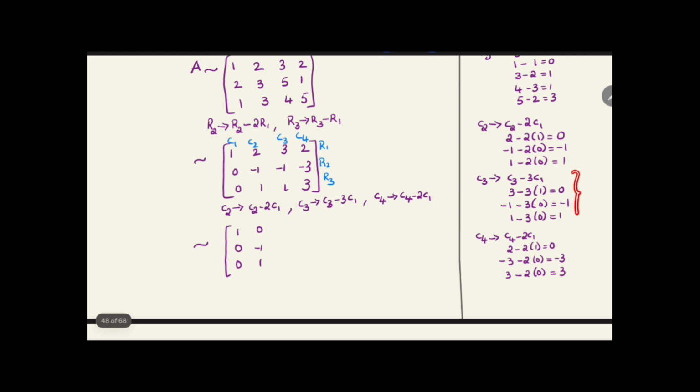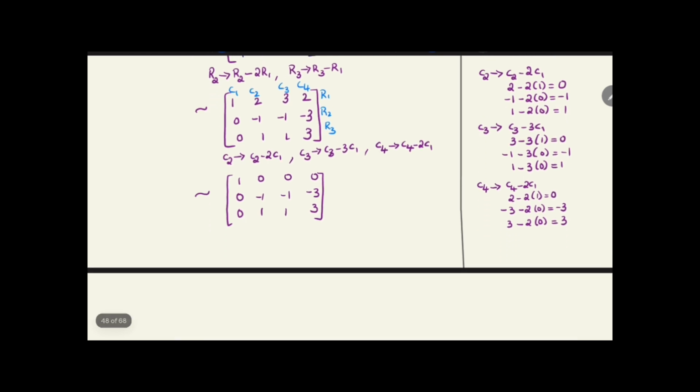And these are the C3 elements, that is 0, minus 1, 1. And these are the C4 elements: 0, minus 3 and 3.